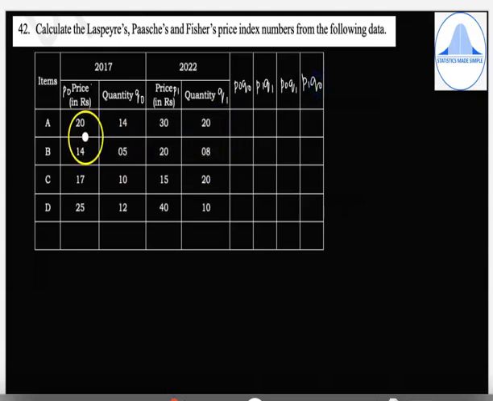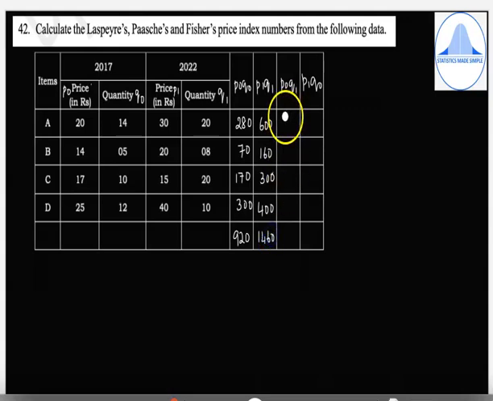So it is 20 into 14 is 280. Then we have 70, 170 and 300. So the total is 920. Similarly, find out P1, Q1. So 30 into 20, 600, 160, 300, 400 and the total is 1460.